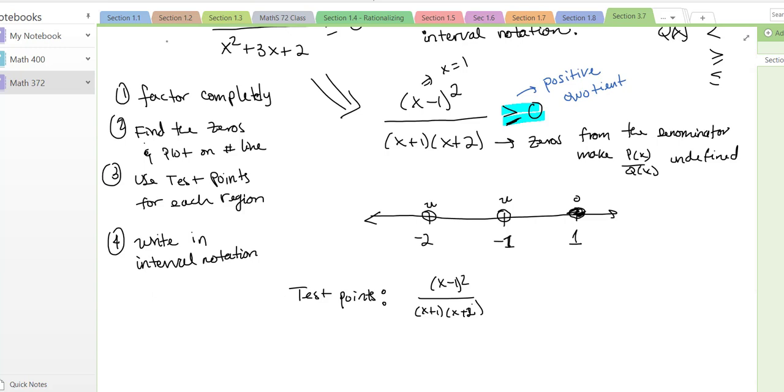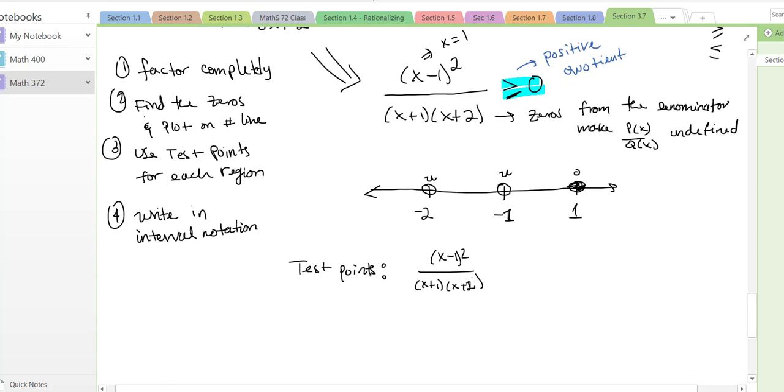So let's pick our test point. In the first region, I have -infinity to -2, with a parenthesis because I don't want to include that. Let x be -3 and put it into the quotient: -3 minus 1 squared over -3 plus 1 and -3 plus 2. The numerator is -4 squared, so it's a positive 16.